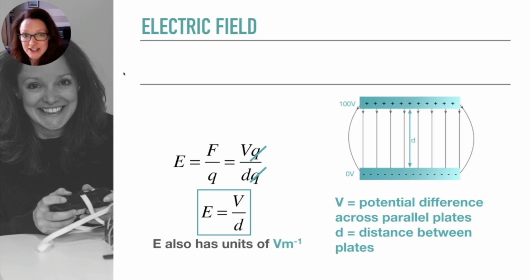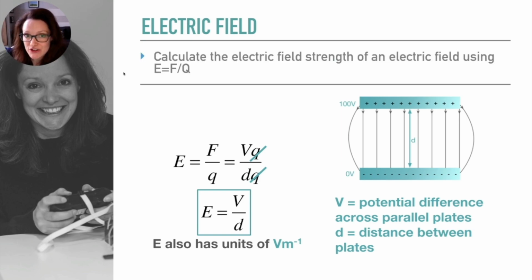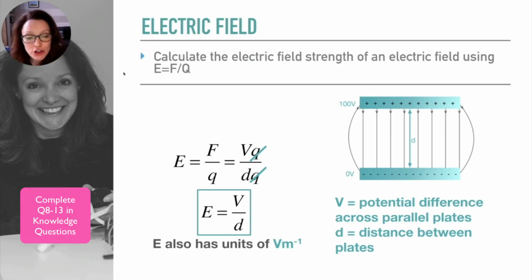The other expression you can use for electric field strength, and this is for a uniform field, so when you have these two parallel plates as shown, you end up with an expression. You don't need to know how it gets there, but you end up with an expression for E equals V, for voltage between the two plates, divided by D, which is the distance between the two plates.